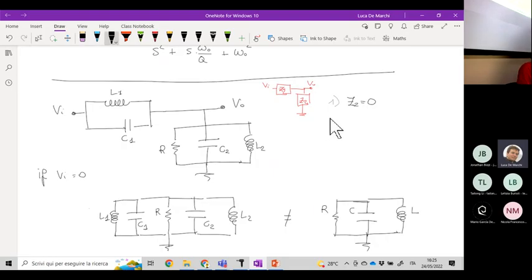The second condition is the one related to Z1 equal to infinity.